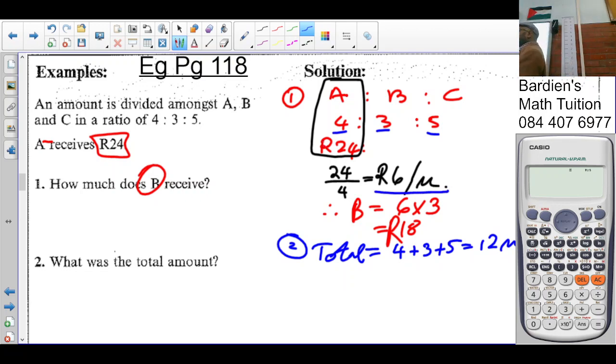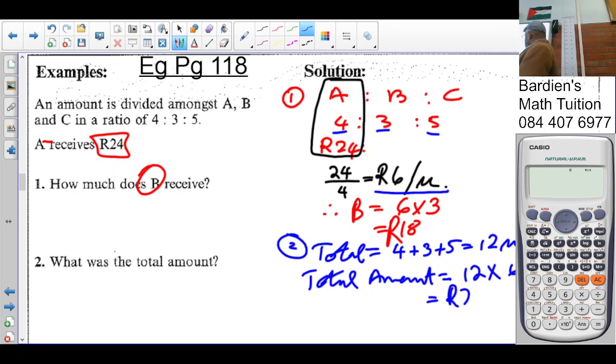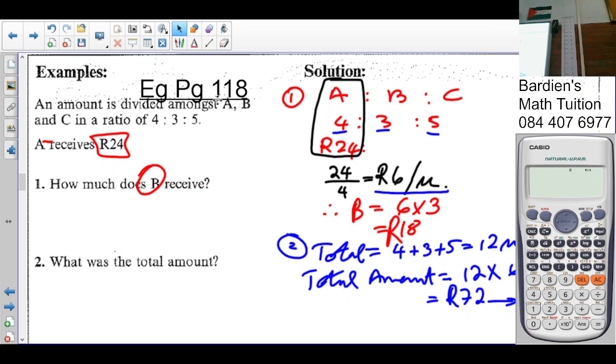Not so? So the total amount is going to be total units times the amount per unit. It's going to give you 12 units times 6 rand per unit, which is going to give you 72 rand. Okay? It's a nice question, eh?